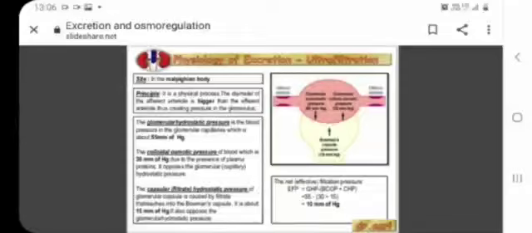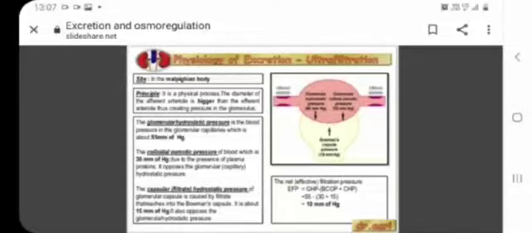The diameter of afferent arteriole, as is evident from the diagram, is bigger than the efferent arteriole, thus creating the pressure in the glomerulus. The glomerular hydrostatic pressure is the blood pressure in the glomerular capillaries, which is about 55 millimeters of mercury.